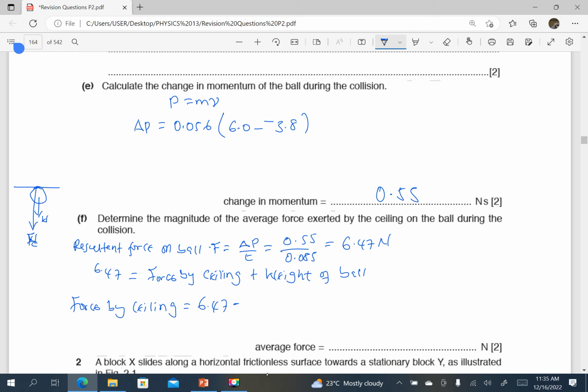The weight is mass times gravity, which is 0.056 times 9.81. So just subtract 6.47 minus 0.056 times 9.81. This gives us 5.9 newtons.